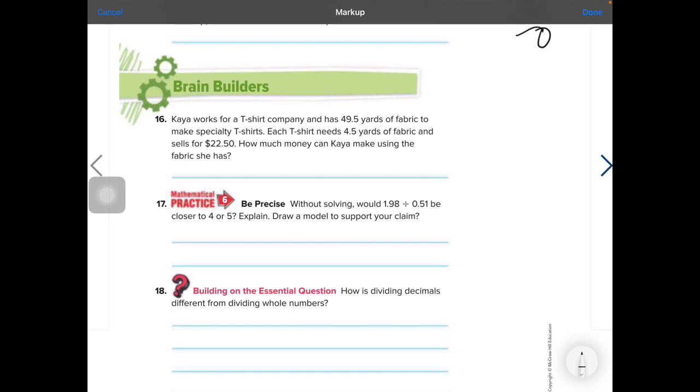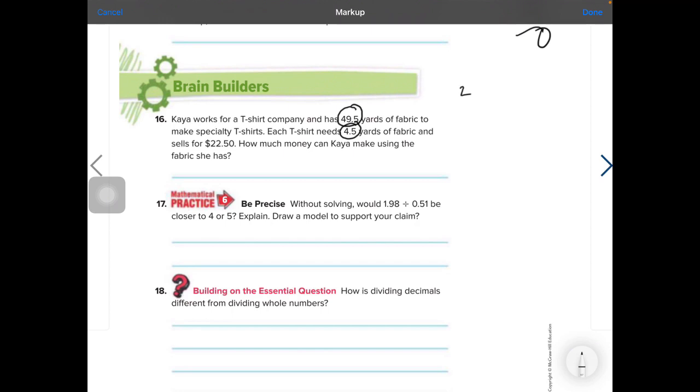Okay, number 16, brain builders. We can do it. Kayla works for a t-shirt company that has this many yards of fabric to make specialty t-shirts. Each t-shirt takes this many yards of fabric and sells for $22.50. How much money can Kayla make using the fabric she has? Okay, so first we got to figure out our 2 numbers that are circled.